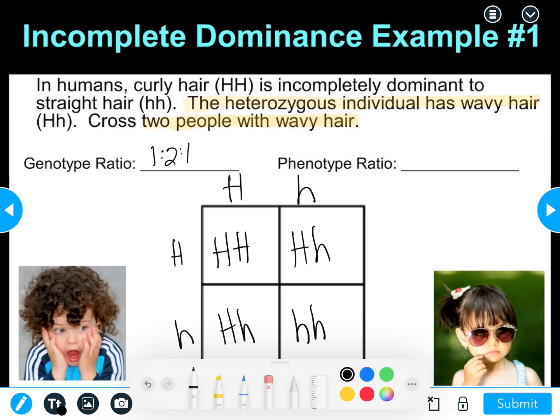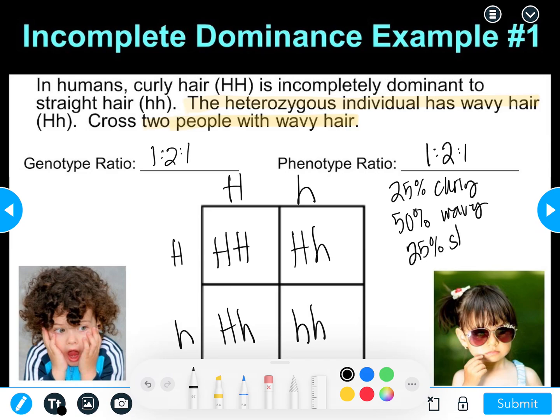Now, if we were doing our phenotype on a normal Punnett square, we would have a 3 to 1 ratio. But in this situation, the phenotypic ratio stays exactly the same. In this case, we would have 25% would be curly hair, 50% would be wavy hair, which is the mix, and 25% would have straight hair.